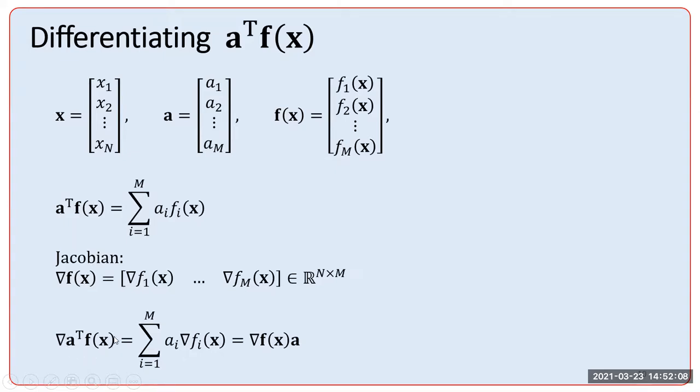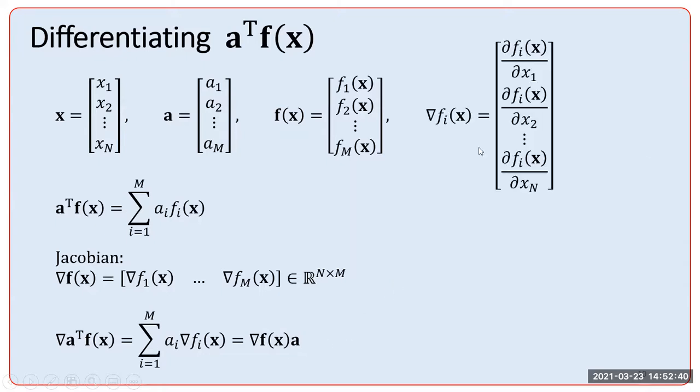A transpose f of x is a scalar, and its derivative is equal to the summation of a_i del f_i of x, which is the Jacobian matrix times the vector A. So del of A transpose f of x is del f of x times A. This is the Jacobian matrix of the vector function f. So this expression I'll be using.